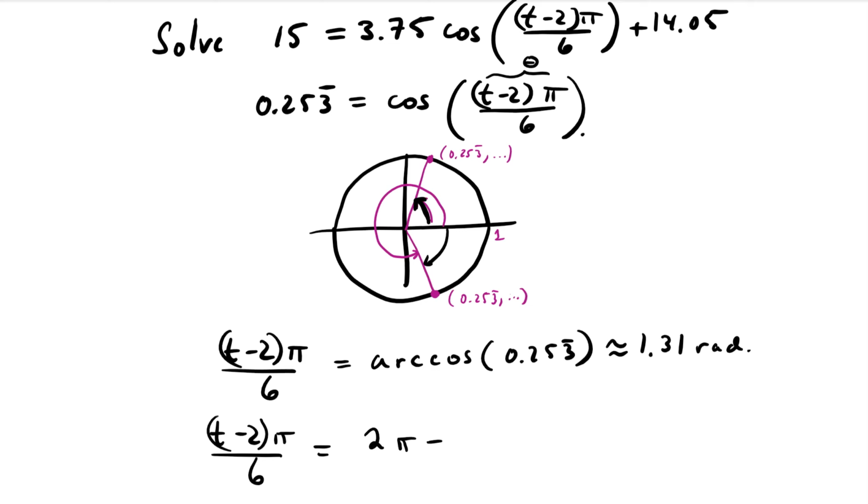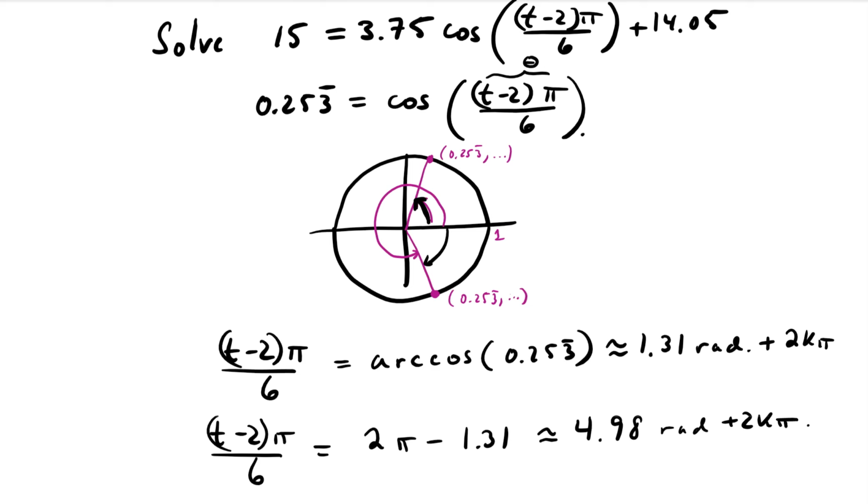So 2 pi minus the angle I just found. Okay, so that's going to give me roughly 4.9098 radians. Now remember, there are infinitely many angles here, so this is plus 2k pi.